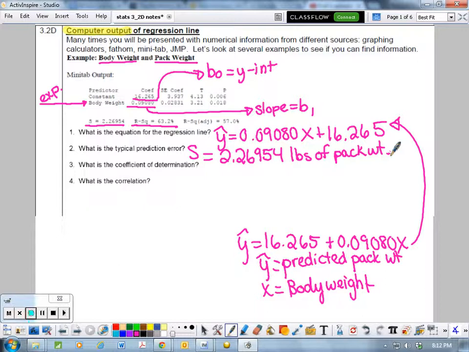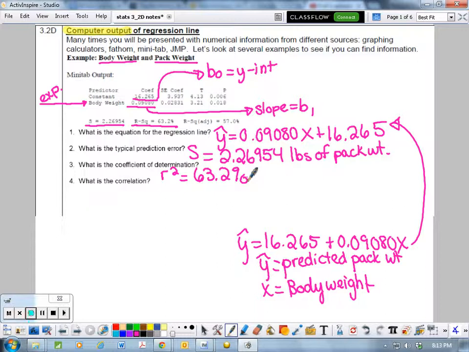What is the coefficient of determination? Well, that's our r squared, which is 63.2%. It doesn't ask us to interpret that, but if we were, that would be 63.2% of the variation of our pack weight can be explained by the linear regression line.